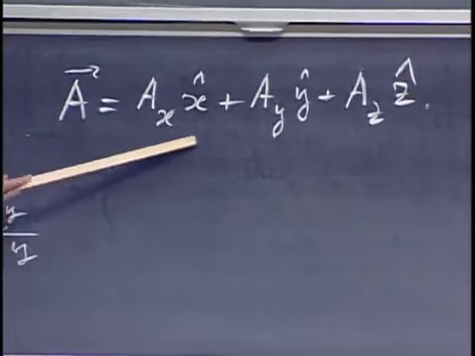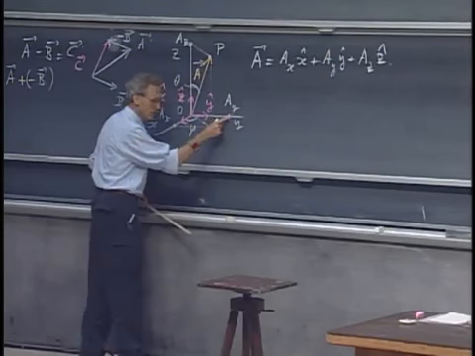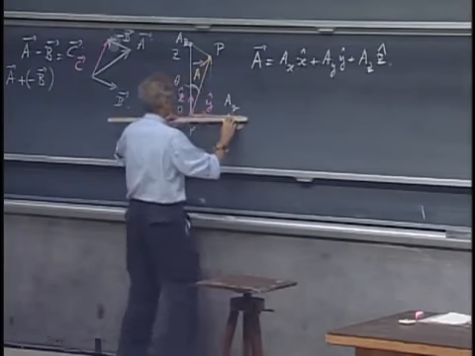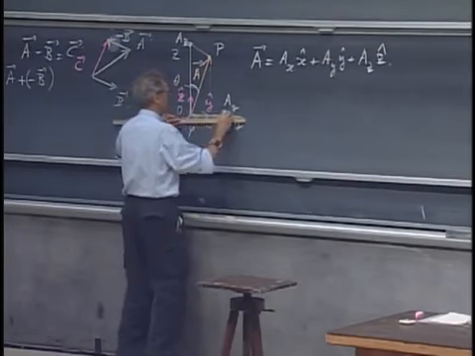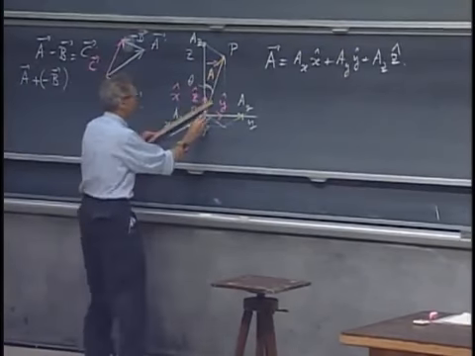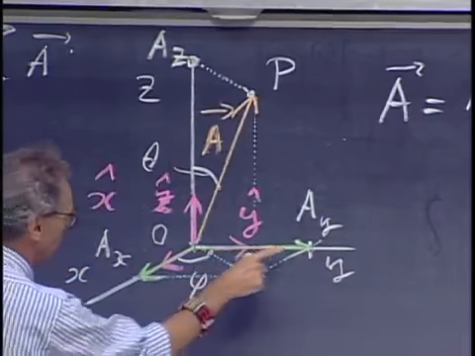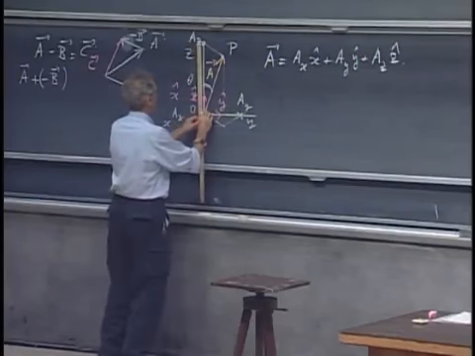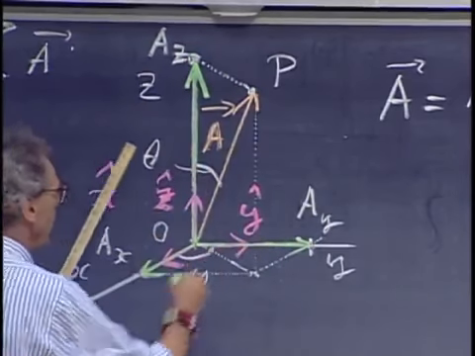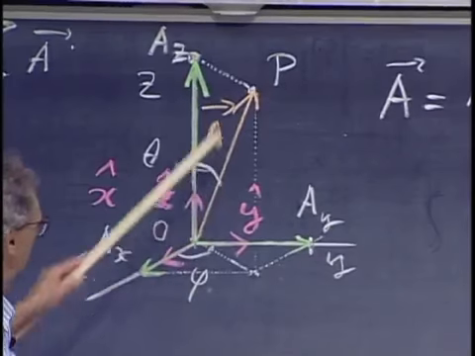And this A of x times x roof is really a vector that runs from the origin to this point. So we could put in that as a vector if you want to. This makes it a vector. This is that vector. A of y times y roof is this one. And A of z times z roof is this one. And so the three green vectors added together are exactly identical to the vector OP.